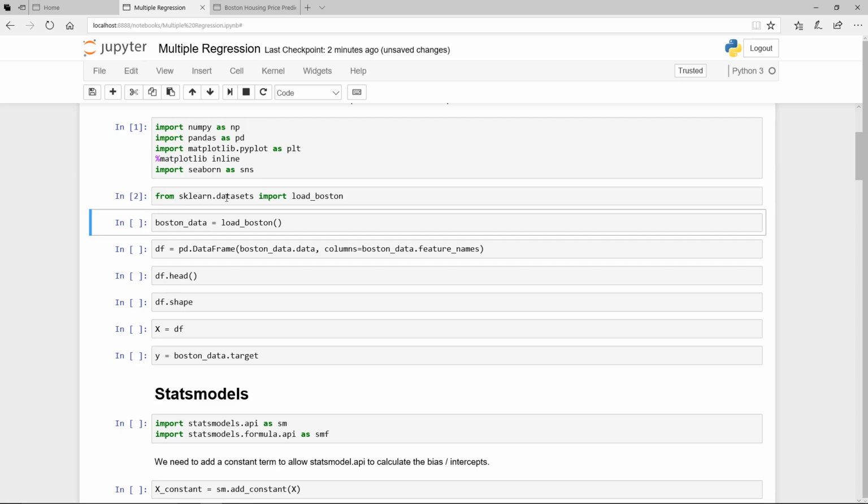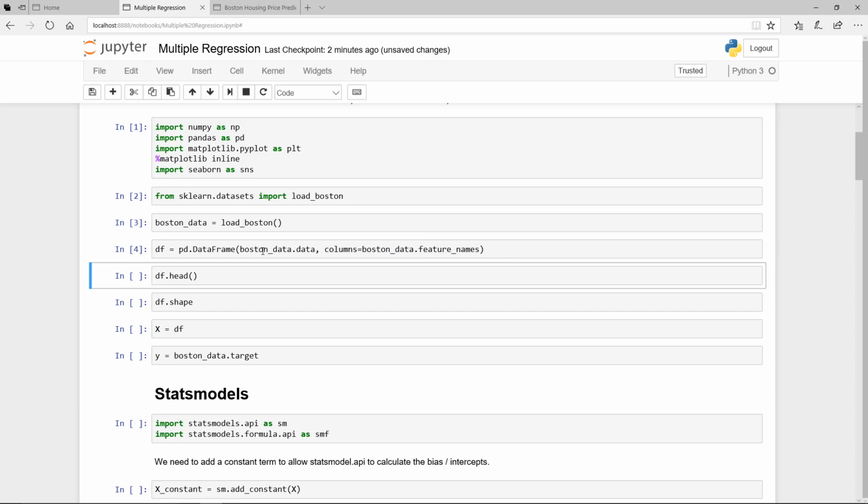From scikit-learn data sets, we import load_boston and store it into boston_data, and we convert the Boston data, adding the column names, which are the feature names, into a data frame before storing it into the variable called df.